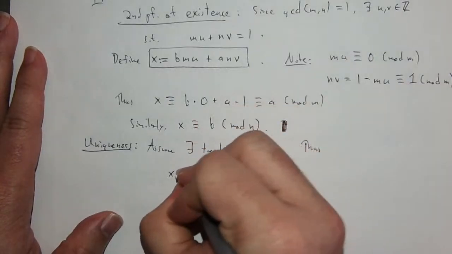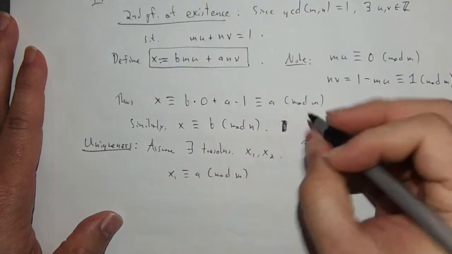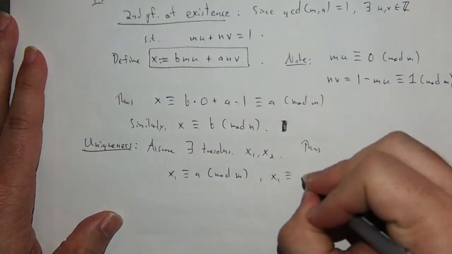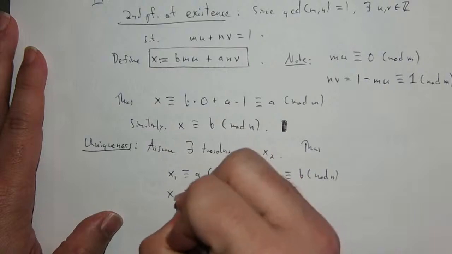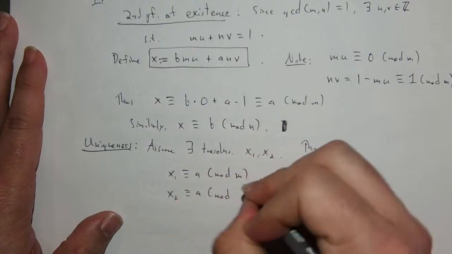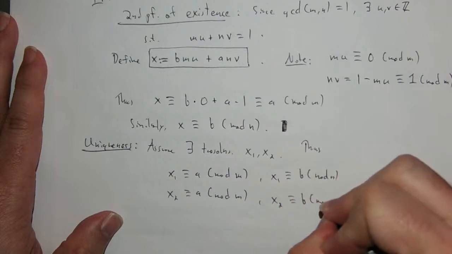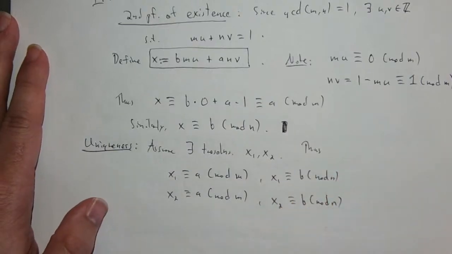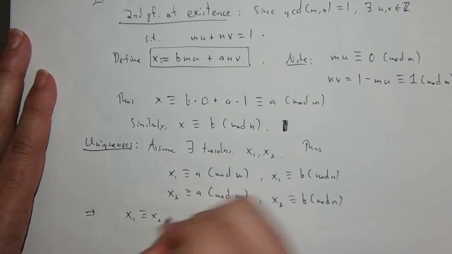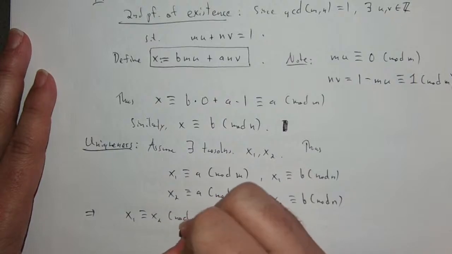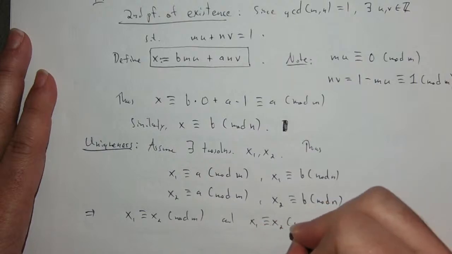So x sub 1 is congruent to a mod m, x sub 1 is congruent to b mod n, and also x sub 2 is congruent to a mod m, and x sub 2 is congruent to b mod n. So this means that x sub 1 and x sub 2 are congruent mod m, and x sub 1 is congruent to x sub 2 mod n.